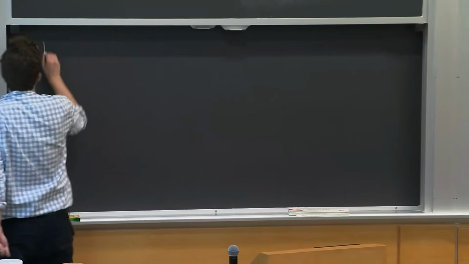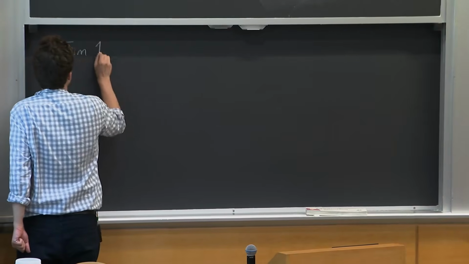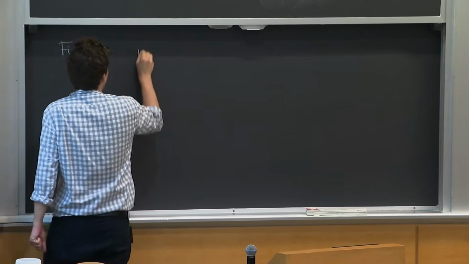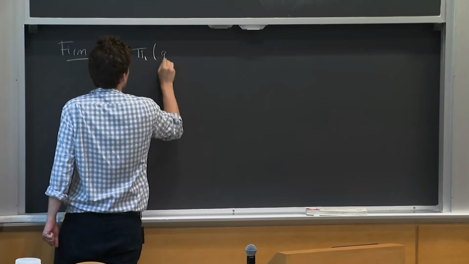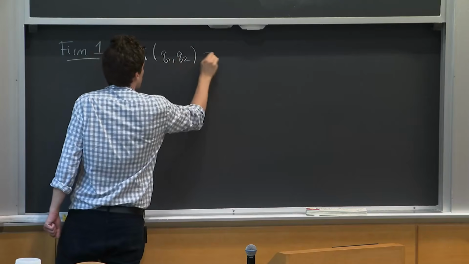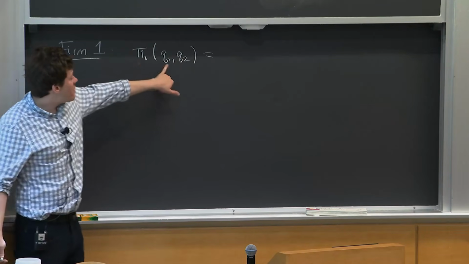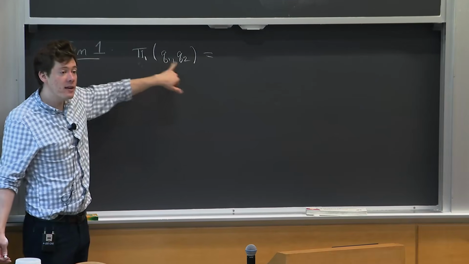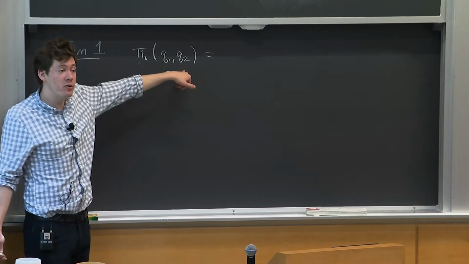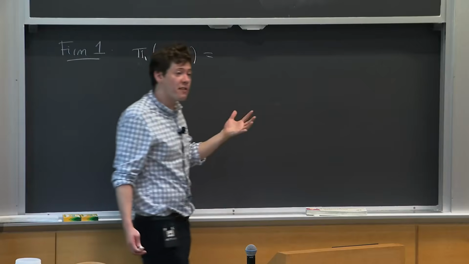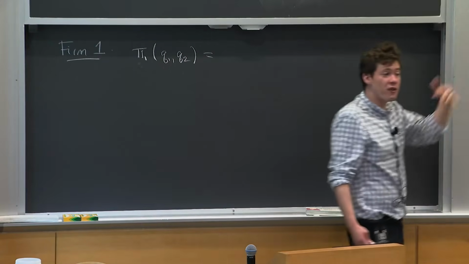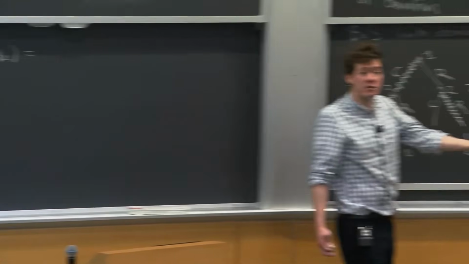Let's look at, say, firm 1. Well, as before, we want to say, what is firm 1's profit, pi 1, if they bring quantity Q1 to market and firm 2 brings quantity Q2 to market? So we always have to think of profit in two components. It's the profit per unit times the number of units you have.